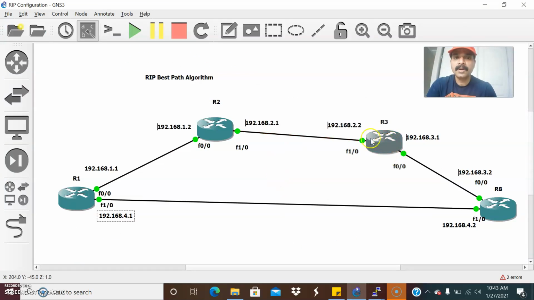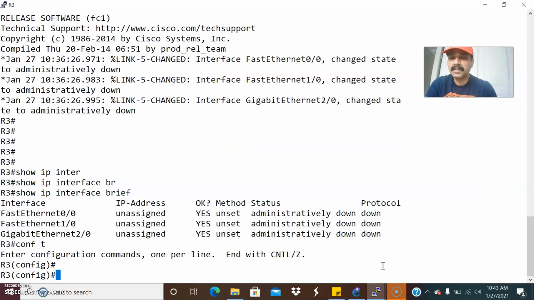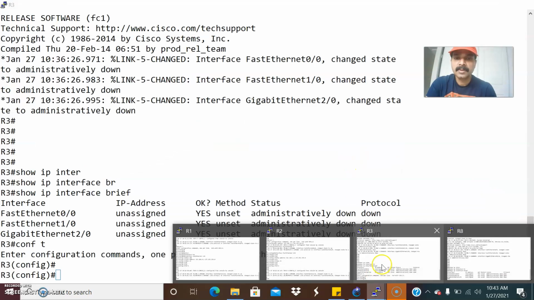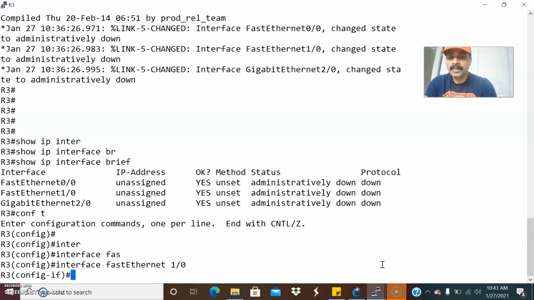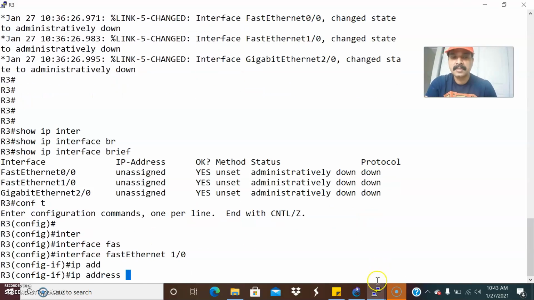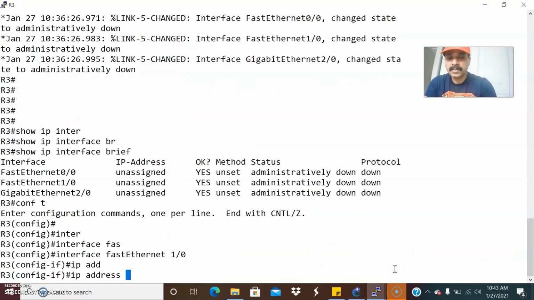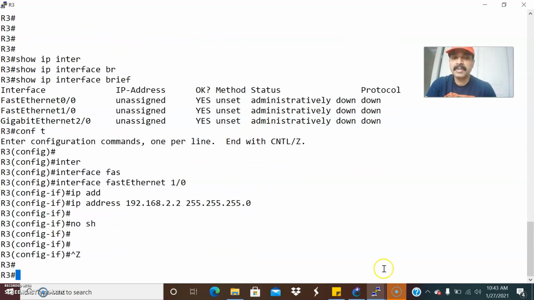Now let us go to R3, which has two interfaces, 2.2 and 3.1. Go to the configuration mode. It is FastEthernet 1/0. On R2 we configured 2.1, so this will be 2.2: 192.168.2.2, 255.255.255.0, and let us activate the interface.